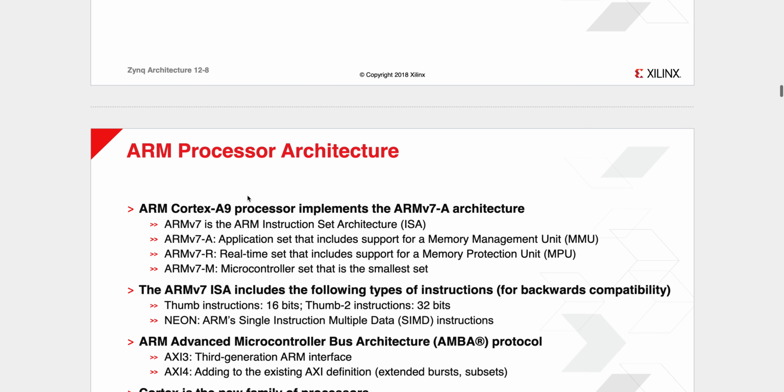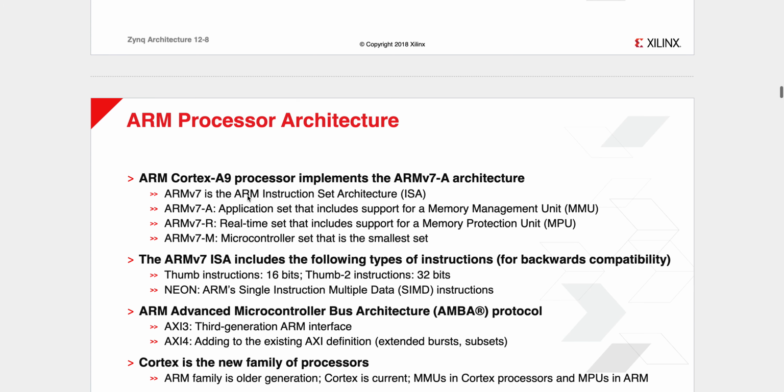So the ARM Cortex A9 processor implements the ARM v7A architecture. What does that mean? It means that the ARM v7 is the ARM instruction set architecture called ISA.